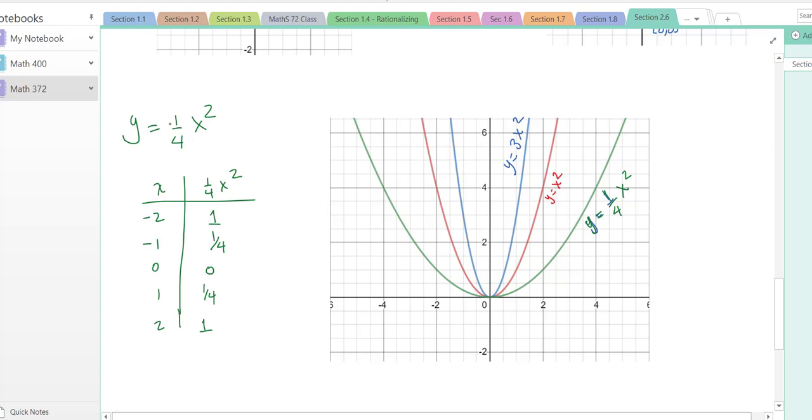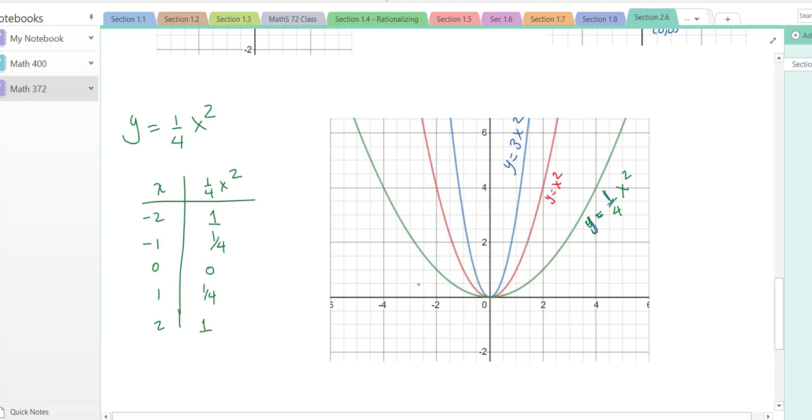When your coefficient from the x squared is a whole number, then you are making that graph narrower. So that's another way you can think of it. A large coefficient makes the graph very narrow. A small coefficient, so a fraction coefficient, makes the graph very wide, taking it from the parent graph. The parent graph is y equals x squared.